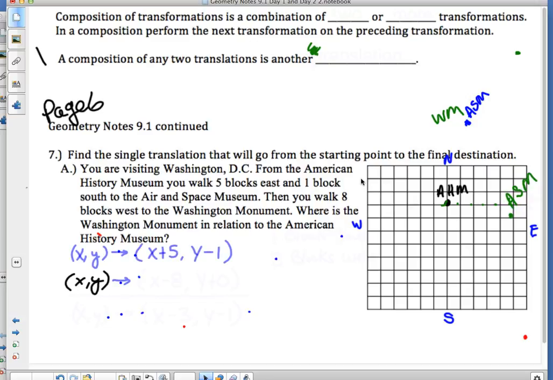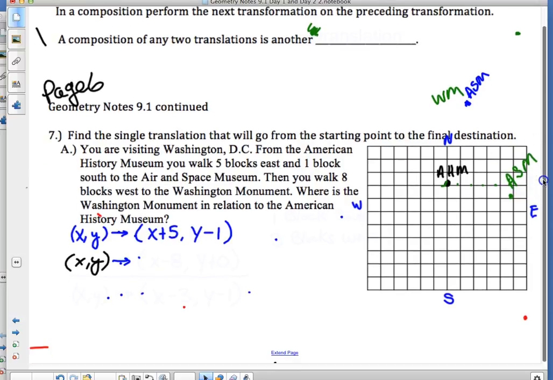So our rule initially was (x, y) becomes (x + 5, y - 1). Does that make sense? Now, keep in mind, this is a composition. That was one translation.